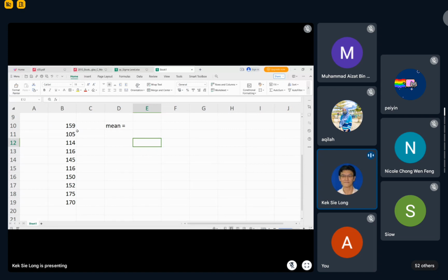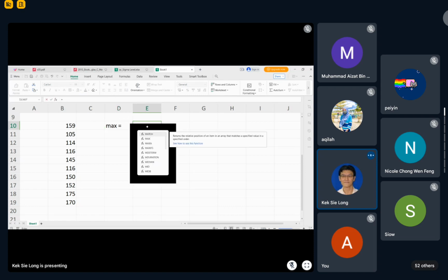And you notice that the values are less than 200 and more than 100. The value very close to 100 is 105. The value close to the maximum. Yeah, maybe we find the maximum value first, so that you can estimate the upper control limit.